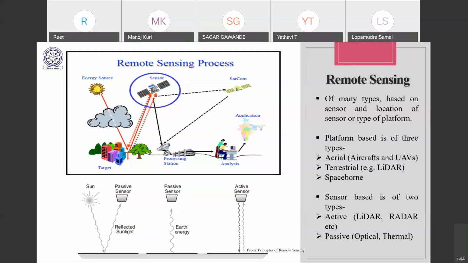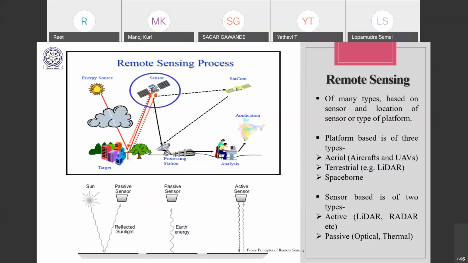So coming to the optical and microwave remote sensing comparison, we can say microwave sensors have some advantages over optical data. Optical data is constrained by the fact that the sun has to be available to collect the data, and it does not have the all weather availability like microwave data.